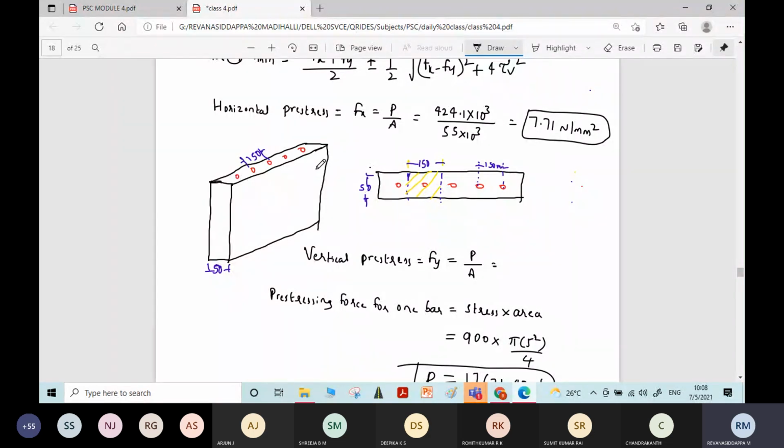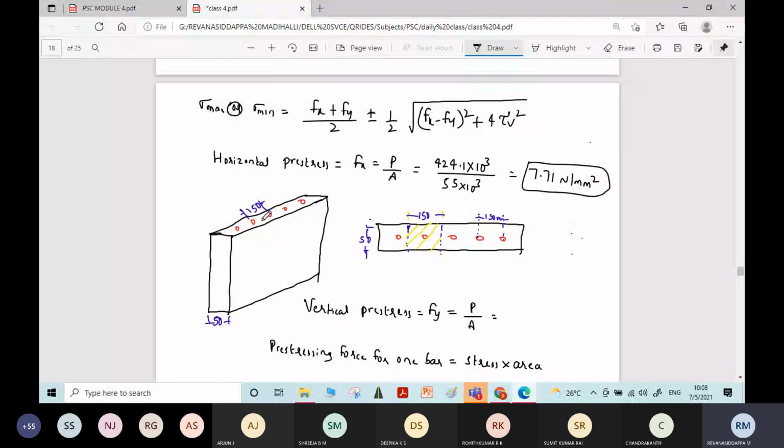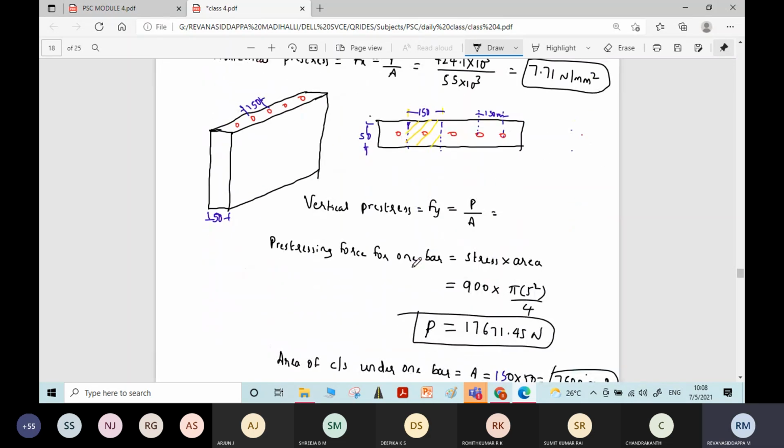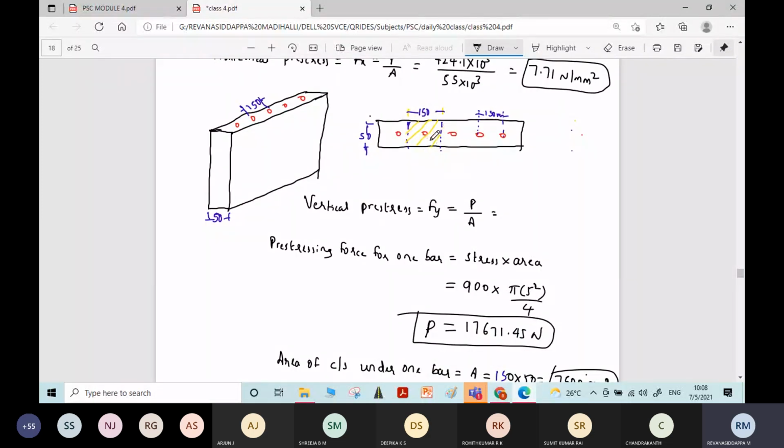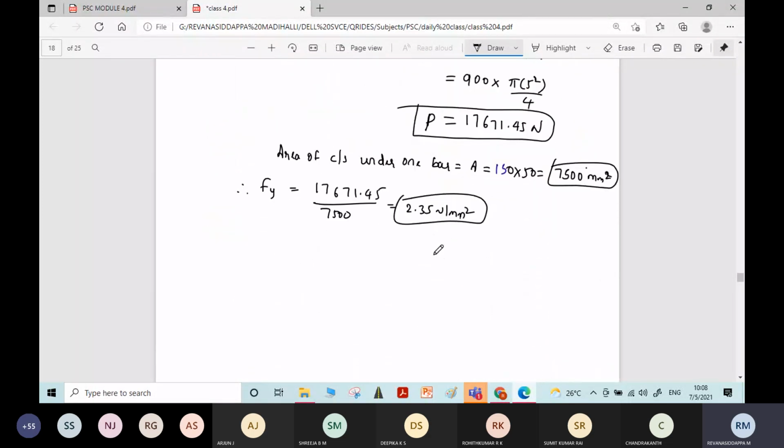If the total number of bars is given, the total number of bars multiplied by stress will give the total force, and the total force divided by the total area of web in the plan will give Fi. So as only spacing is given, we need to follow this method. Only by considering 1 bar, we need to find the stress.